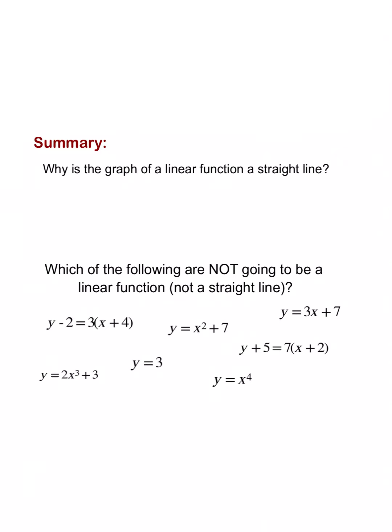Now, in summary, it says, why is the graph of a linear function a straight line? So let's think about that. We talked about this a little bit when we started talking about rate of change. And so we know that the slope of a straight line is the same thing as rate of change.